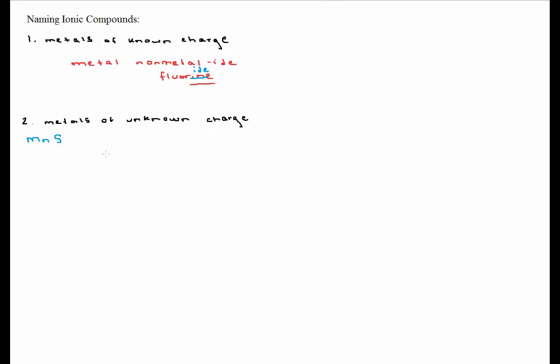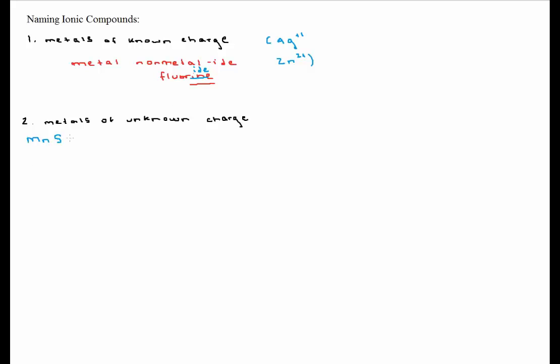I don't know the charge of manganese. It can vary. Okay? And therefore, I need to figure out what the charge is and include it in the name. Just to go back really quickly, the first type includes your group 1, group 2, group 3 metals, because you know the charge, and it also includes your two exceptions. Keep in mind, silver has a +1 charge, and zinc has a +2 charge. Since manganese is not an exception, I don't know the charge just looking at the periodic table, and therefore I need to include it in the name.